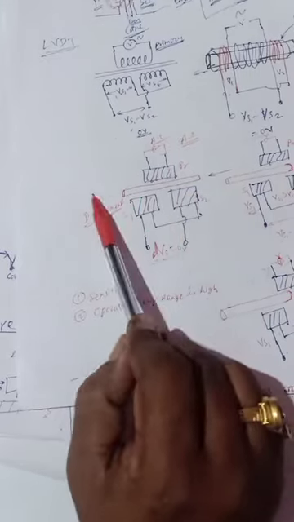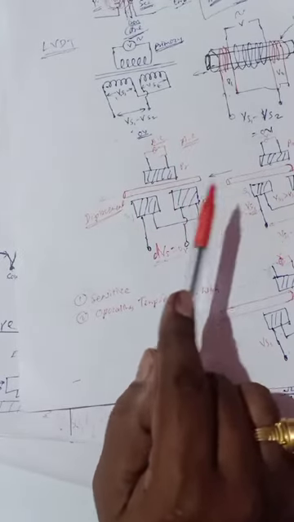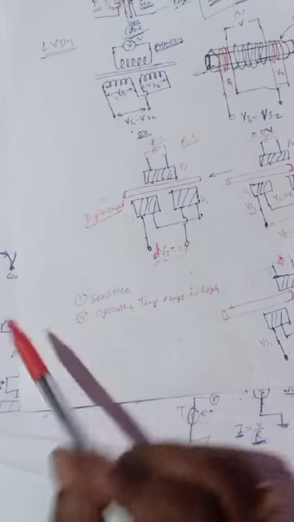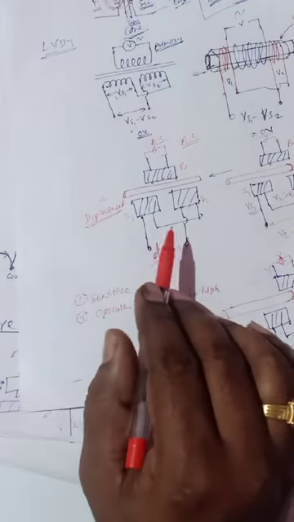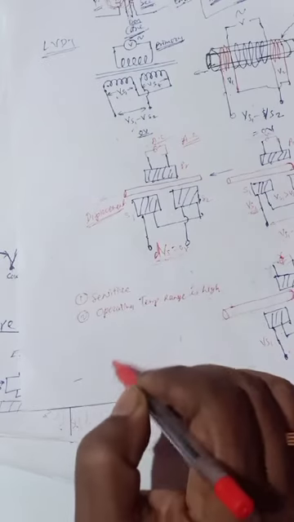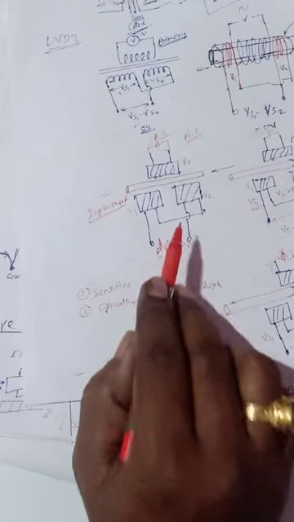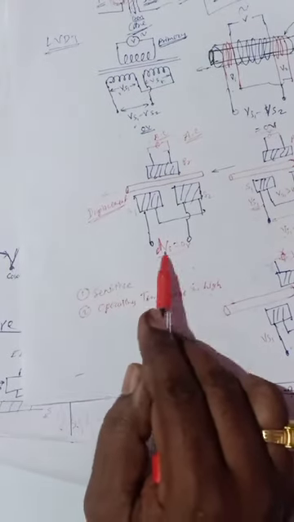There is the primary, then the core, then we have to insert this iron rod. That means it is big in size, and it is also very expensive. Cost is more and it is big in size, so this is a disadvantage.